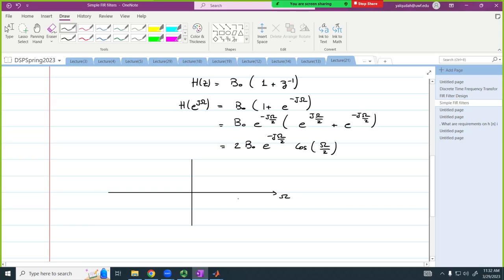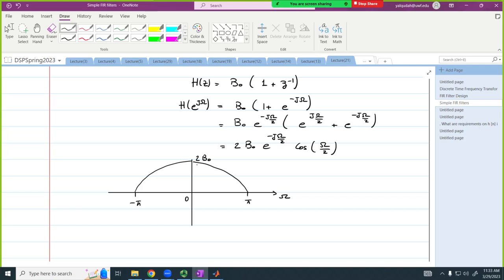If this is omega, going from 0 all the way to pi, to negative pi, it's going to look something like this. It is 2 b0 multiplied by cosine of omega over 2.